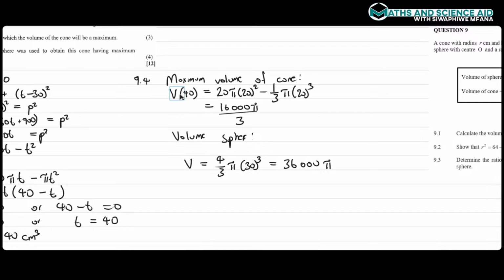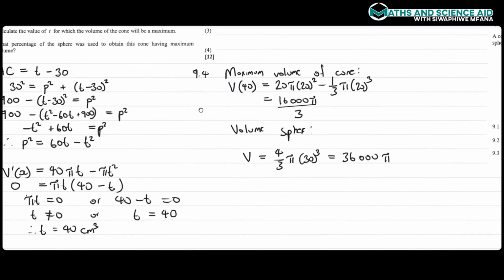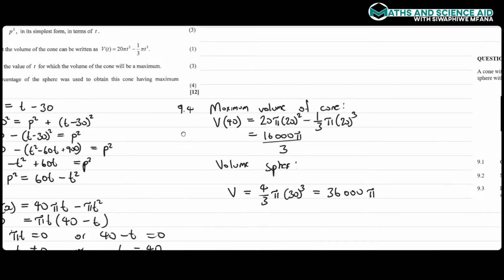So what's my excuse for this mistake I have made here? I substituted in 20 instead of 40. What a silly mistake. This should be 40. I'm sure you guys noted that.